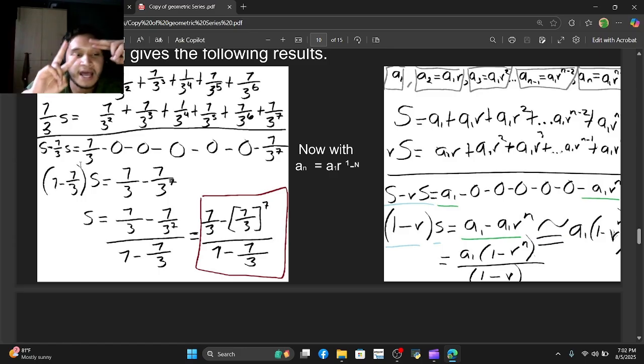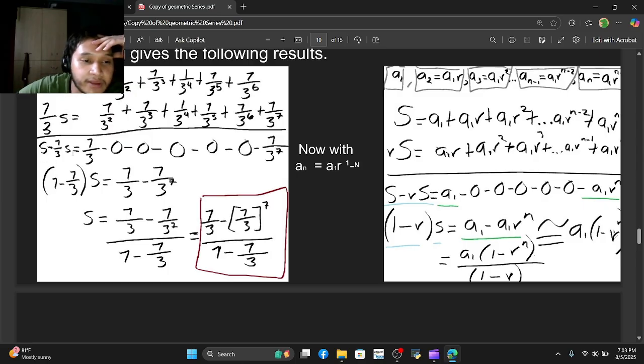So I want to get rid of that too. So as you can see, now where did this s come from? This s came from the first, the one here on the first.